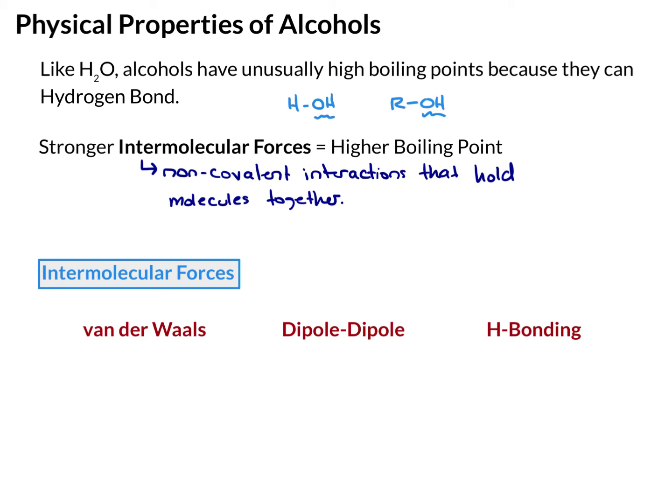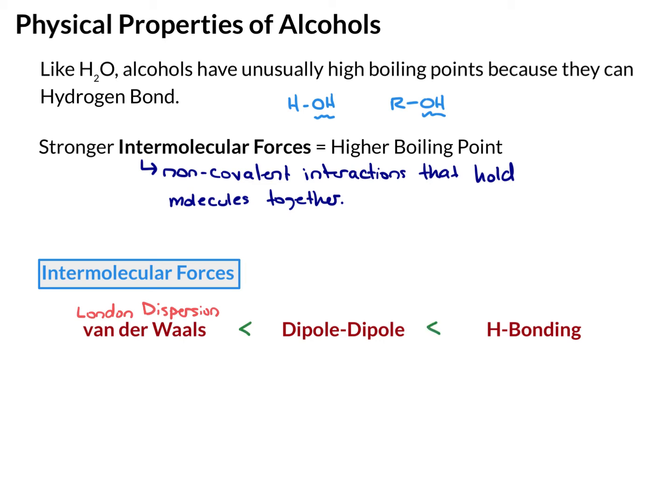We have three primary types of intermolecular forces. We have van der Waals forces, dipole-dipole interactions, and hydrogen bonding. The van der Waals forces are also sometimes called London dispersion forces. Now with these three forces, they're actually going from left to right in increasing strength.